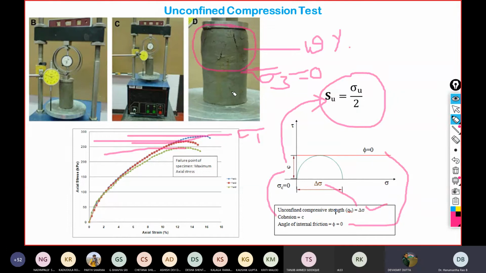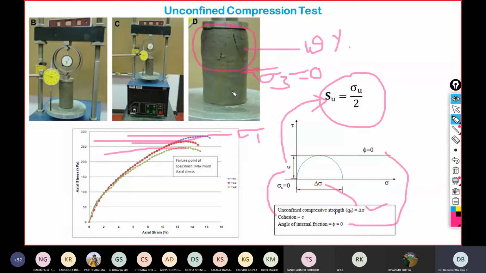Sir, then pore water pressure will be there. Yeah, pore water pressure develops, but we won't measure it. Pore water pressure develops because you are not allowing drainage.